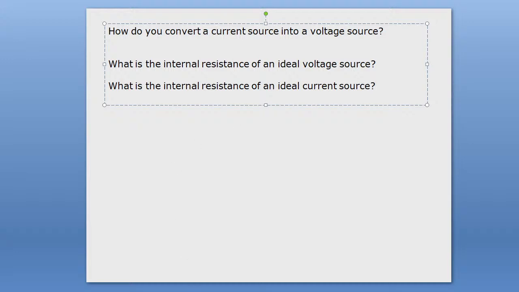Then you can say zero resistance for an ideal voltage source.